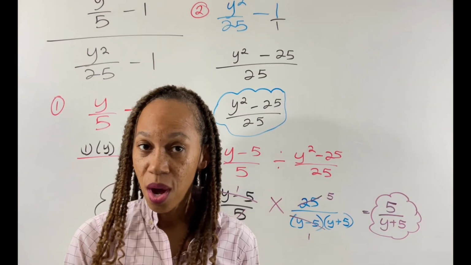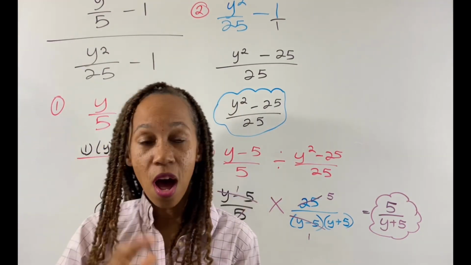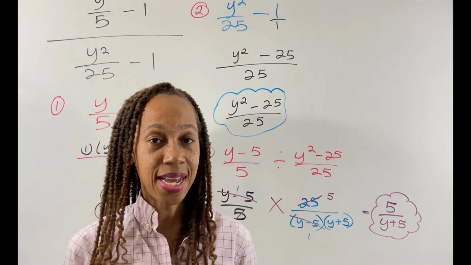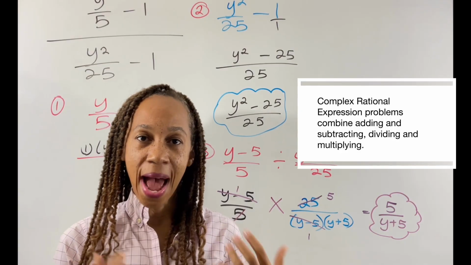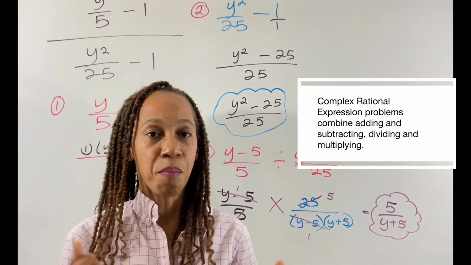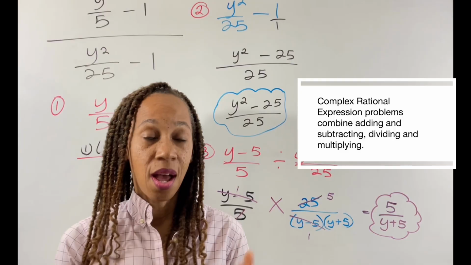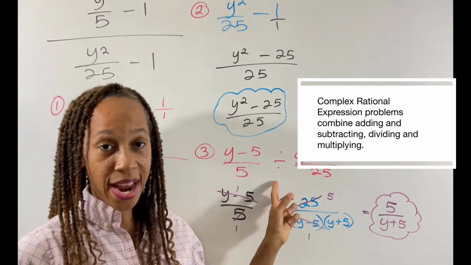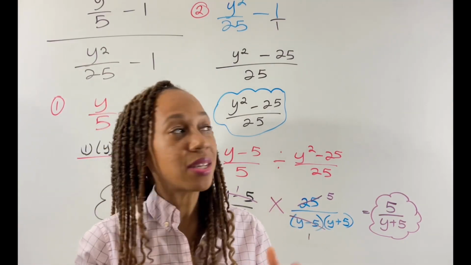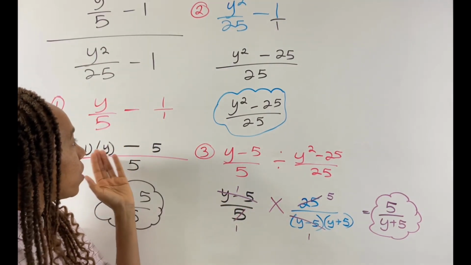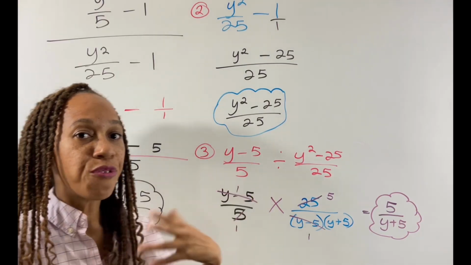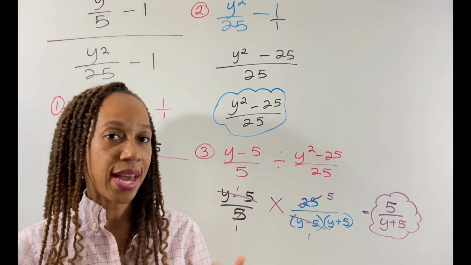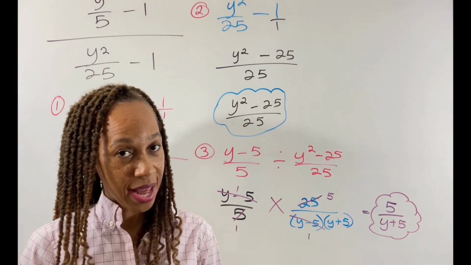Now that you know how to solve complex rational expressions, I hope that you do realize that it is a combination of adding rational expressions, multiplying rational expressions, subtracting rational expressions, and obviously also dividing rational expressions. Because if you notice, when you were doing the division, you have to follow the same steps as key, change, and flip in order to get the correct answer. So don't forget that.